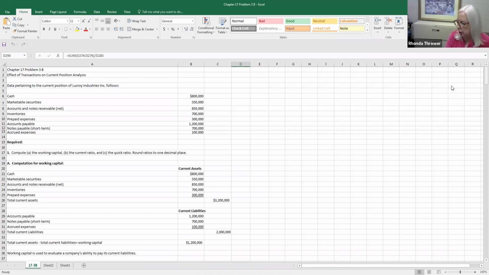So banks would be interested in knowing what happens with our current assets and our current liabilities to be able to assess whether or not they should loan you some money. And it would give your company an idea of how well they can pay back their current debt, which is your short-term debt.